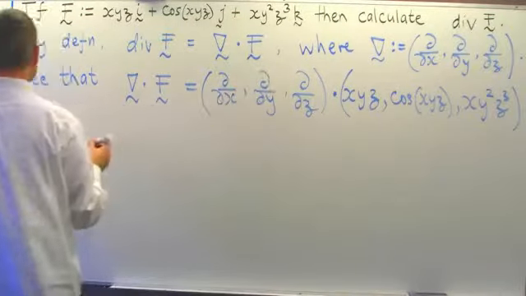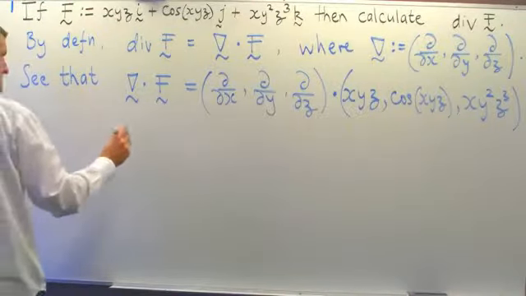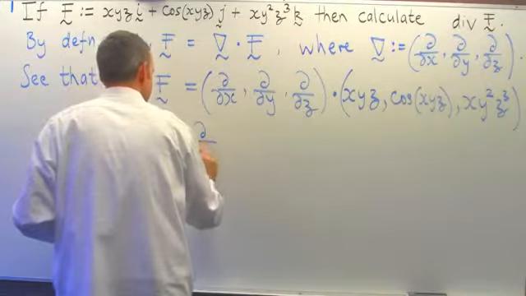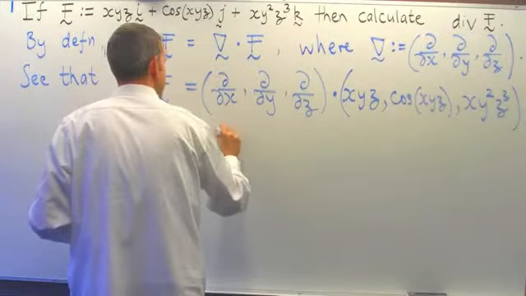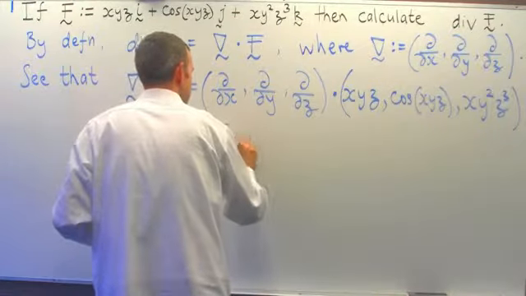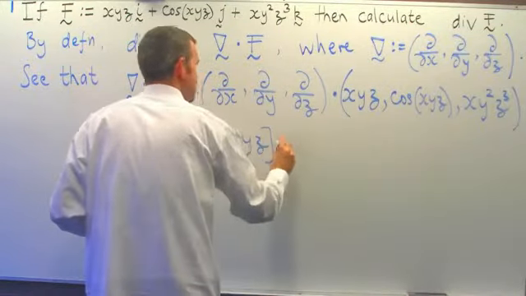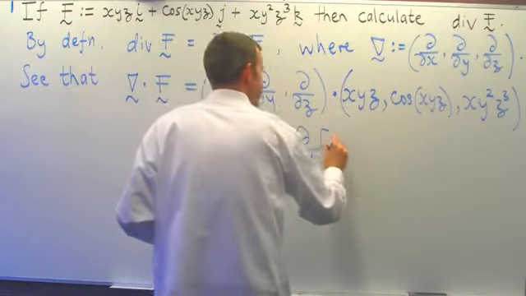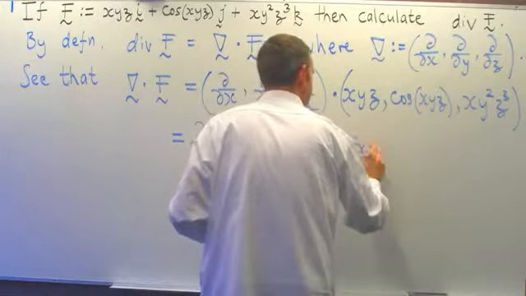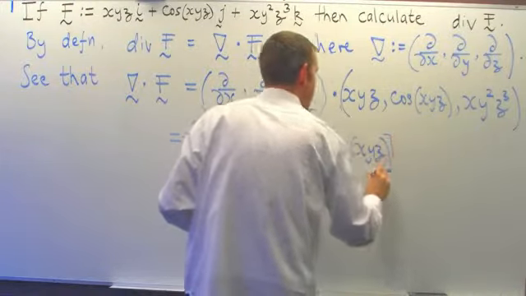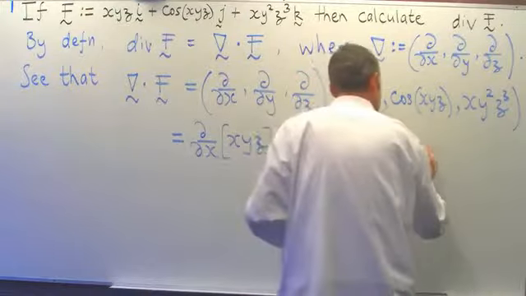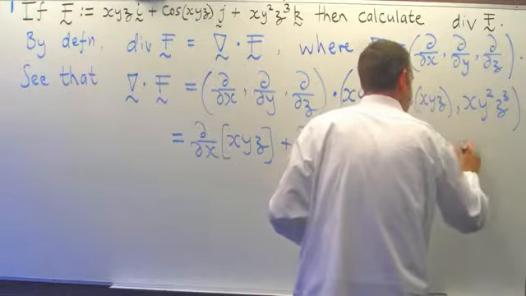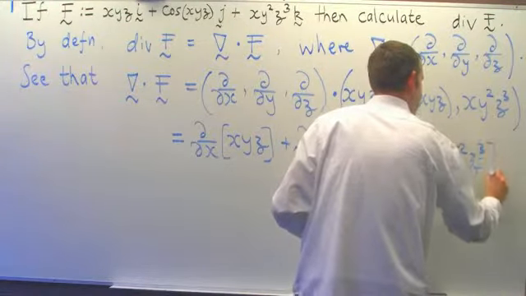So if we expand this dot product, we'll get something like the following. Okay, d/dz of x y squared z cubed.